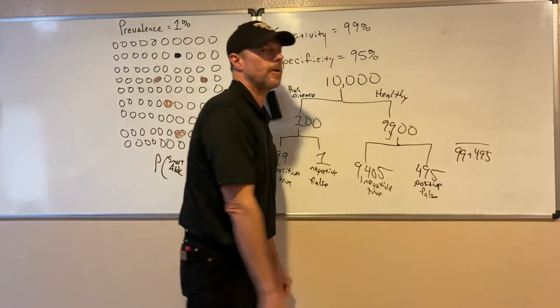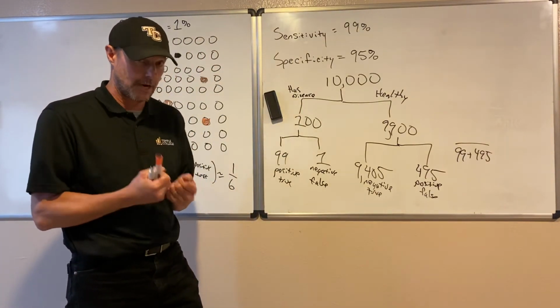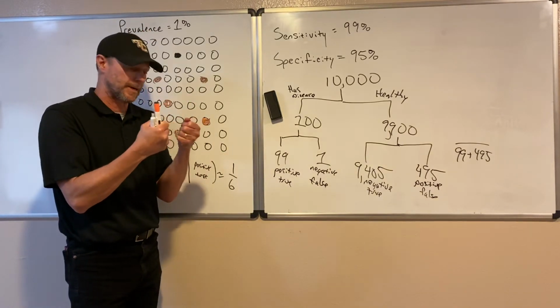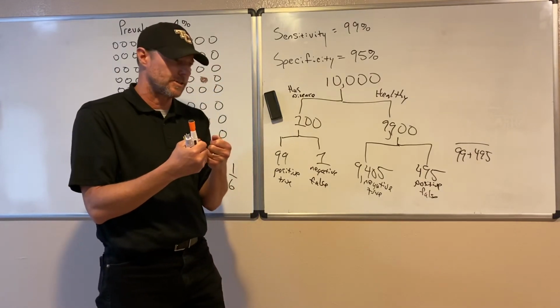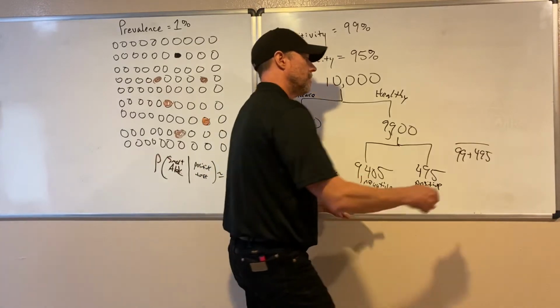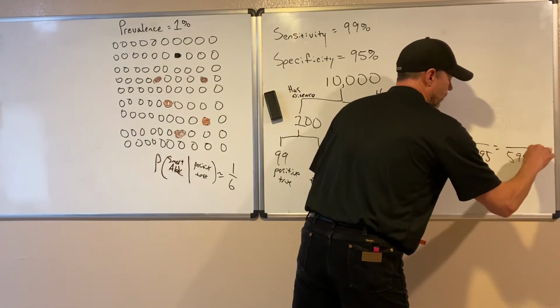Those are all of the people that I could be because I'm somebody that got a positive result. I'm the parent of a child who got a positive result, and I'm going, oh my goodness, my kid's going to be a smart aleck. But I want to know, well, how likely is it that they're a smart aleck? Well, I know they got a positive result, so I put positive results on the bottom. So that's going to give me 594 on the bottom.